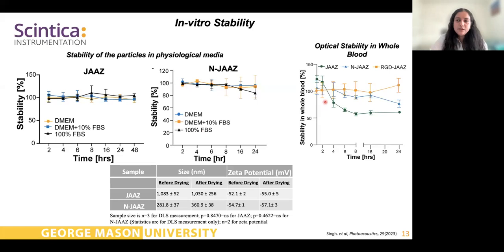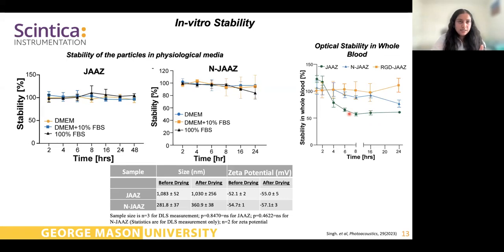And we observed that the JAS particles, the micron-sized ones, had about a 50% degradation after 8 hours in whole blood. For the nano-sized ones, the degradation was lower, around 20%. So the particles were 80% stable for up to 24 hours.